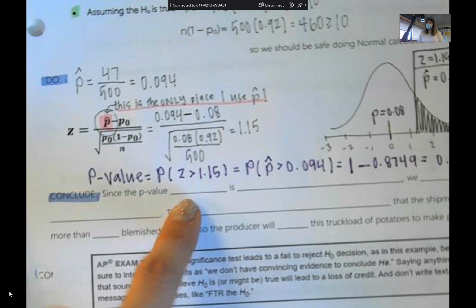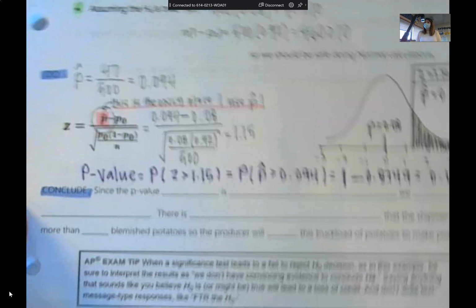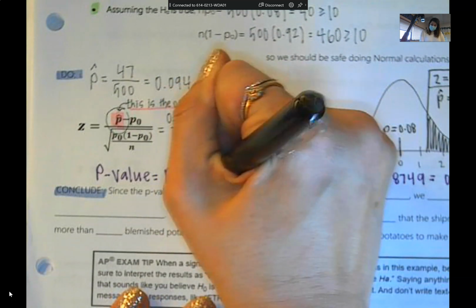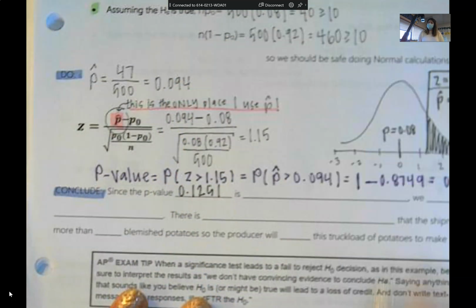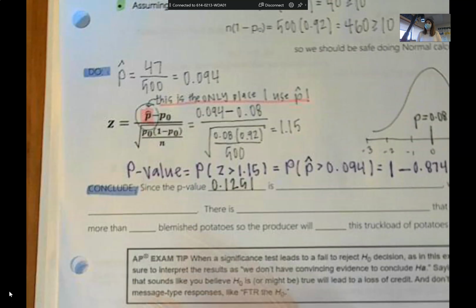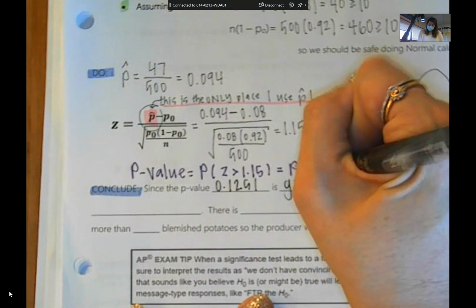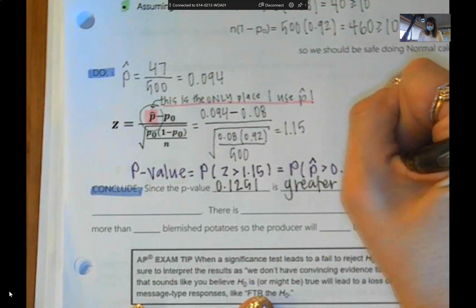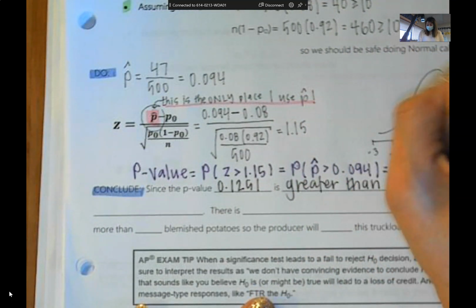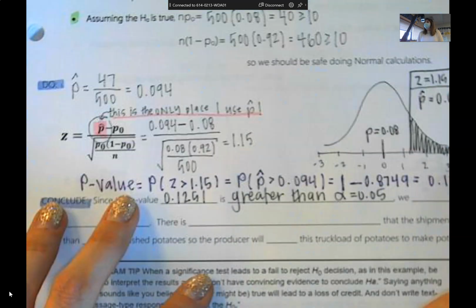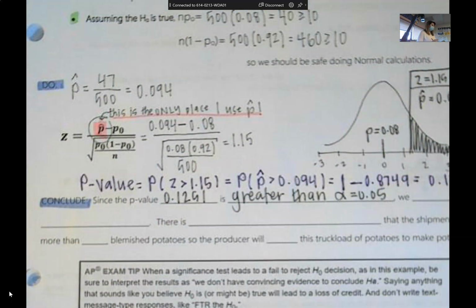So explicitly compare our p-value. Since the p-value is 0.1251, since the p-value is greater than our alpha of 5%, that's our explicit comparison.